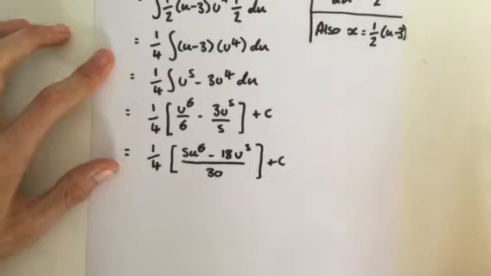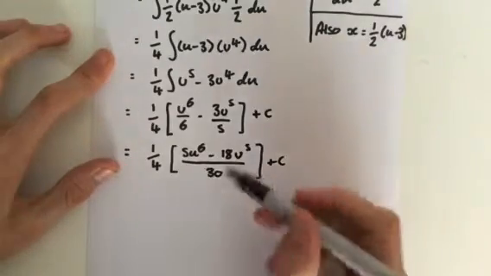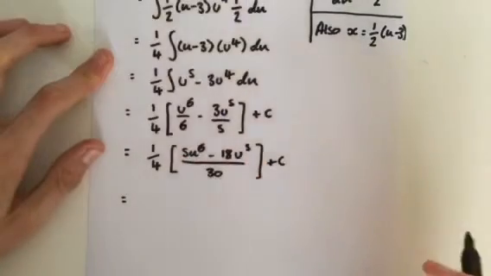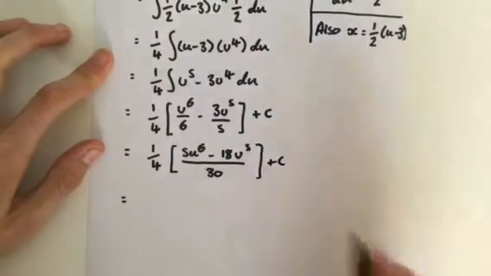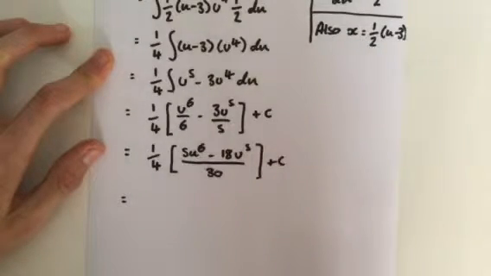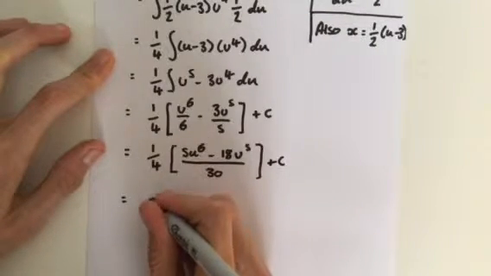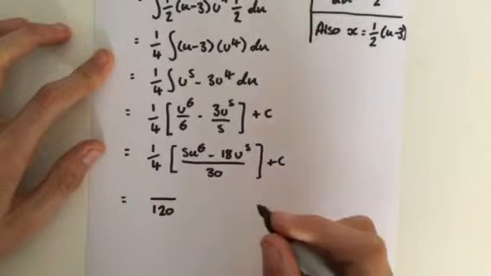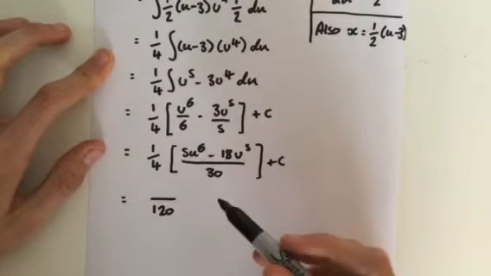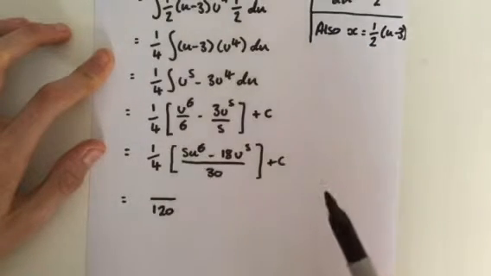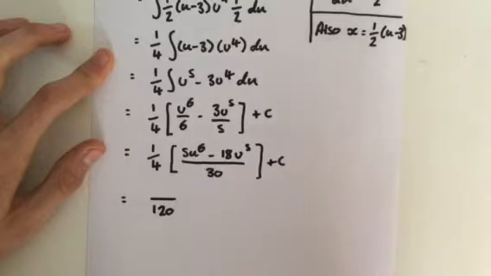So what do we do now? Well, let's find a common factor. Let's put it outside of the brackets. So our common factor, we do 30 multiplied by 4, so let's just do over 120 first. The common factor of 5u to the 6 minus 18u to the 5 is going to be u to the 5.